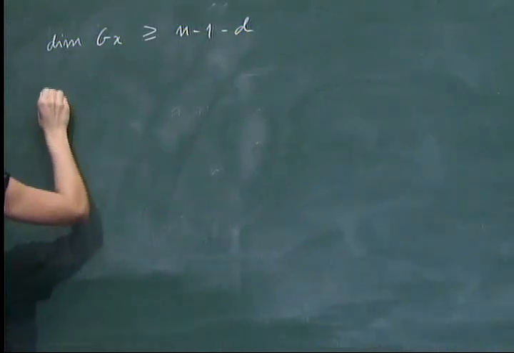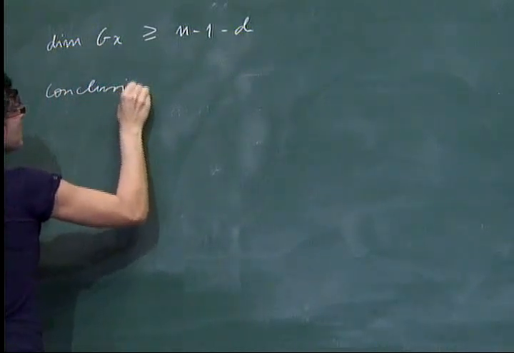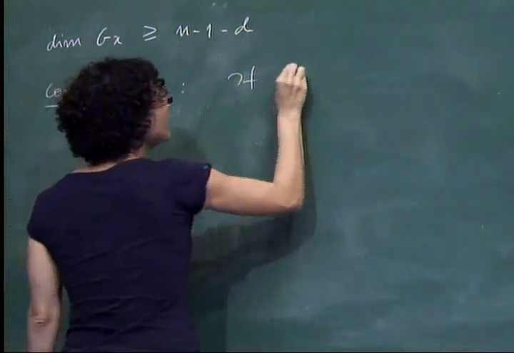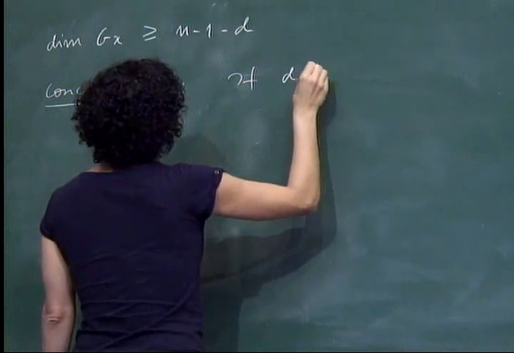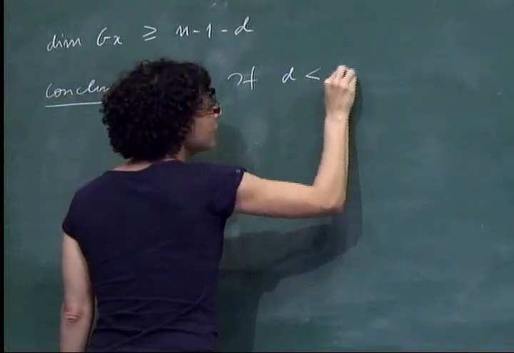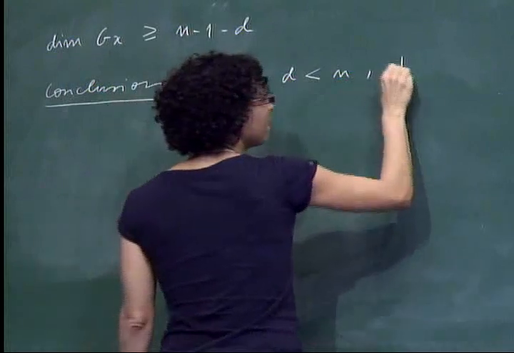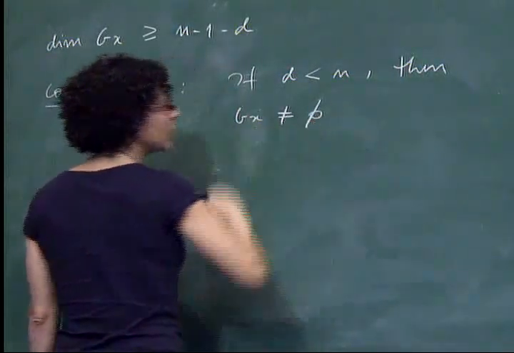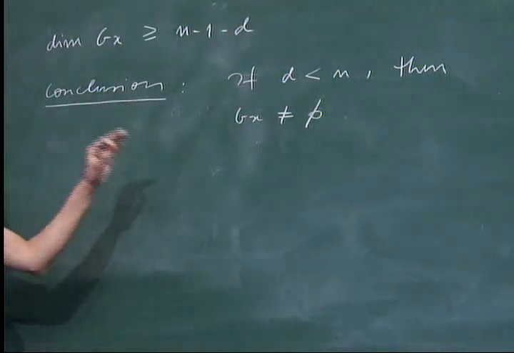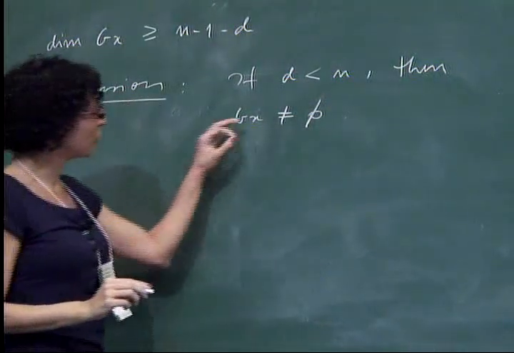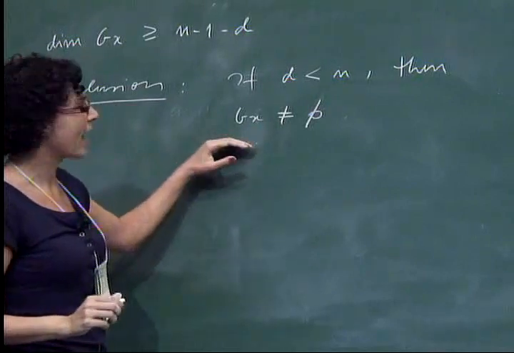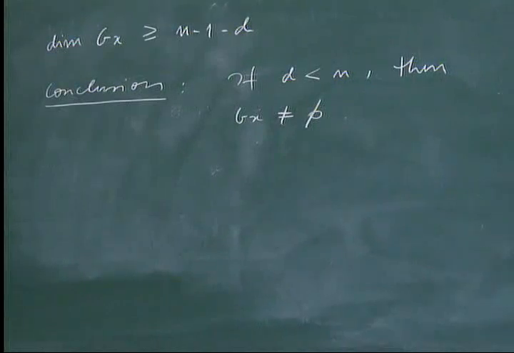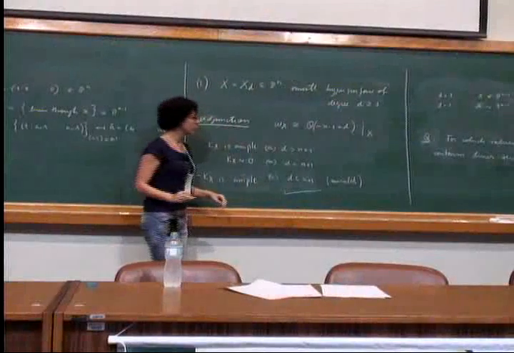So the conclusion is that if d is smaller than n, then G_x is non-empty, and we find a line through any point of X. This bound is almost what we would like.